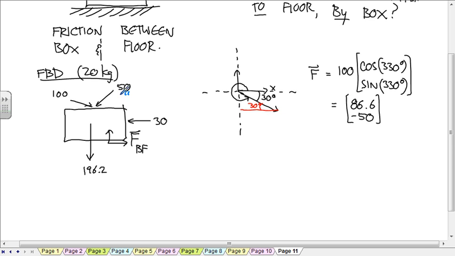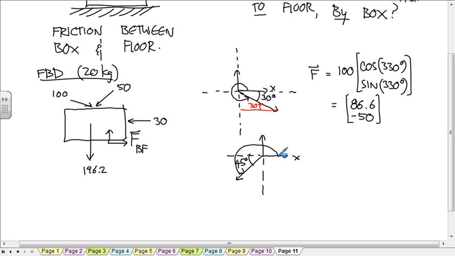And now the same thing for that 50 Newton force. Put the tail at the origin of a coordinate system. This angle is 45. We want the angle that goes all the way from the positive x counterclockwise to here.